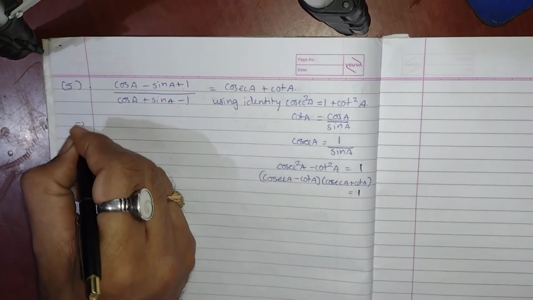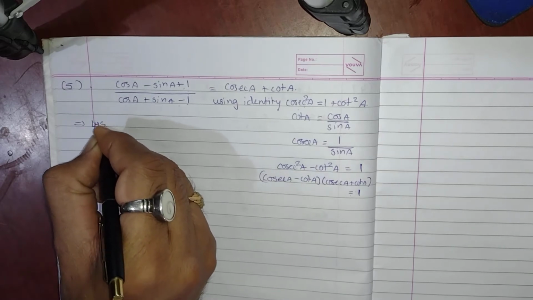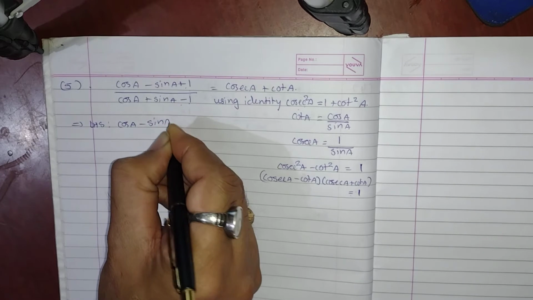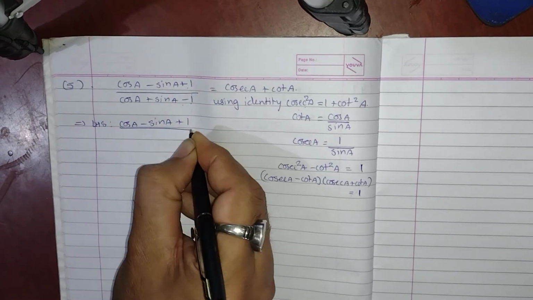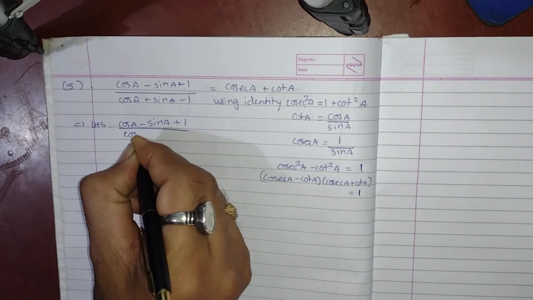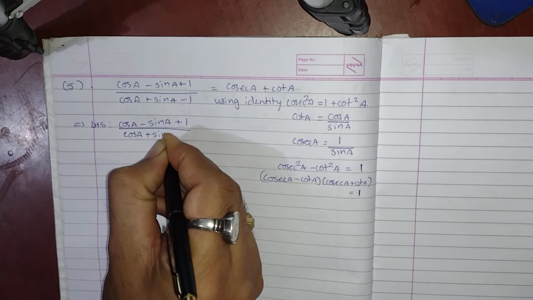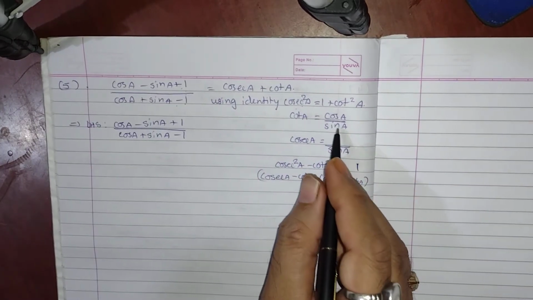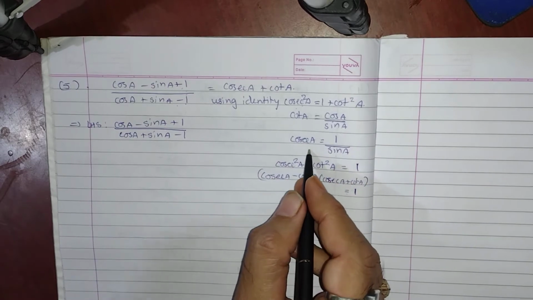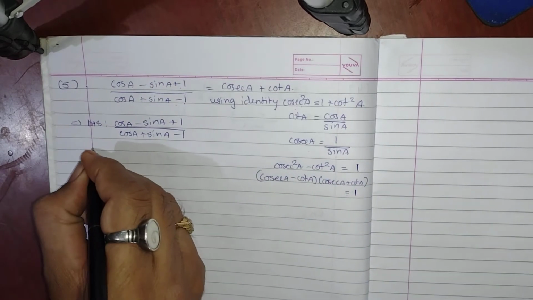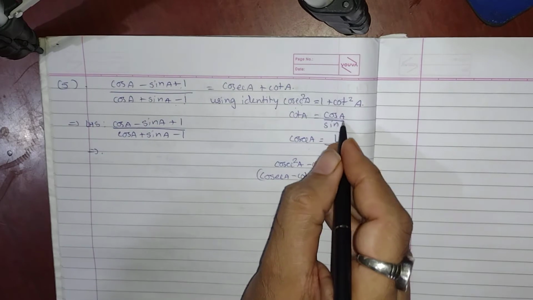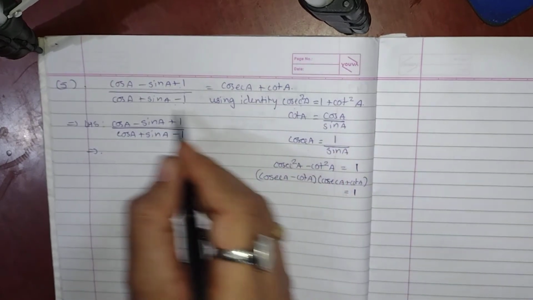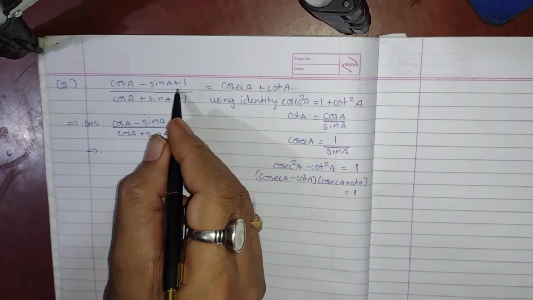But first we will write the LHS: (cos A minus sin A plus 1) upon (cos A plus sin A minus 1), and we will divide each term by sin A to convert into cot and cosec. It is given in cosec and cot, and we need all terms in cosec and cot.